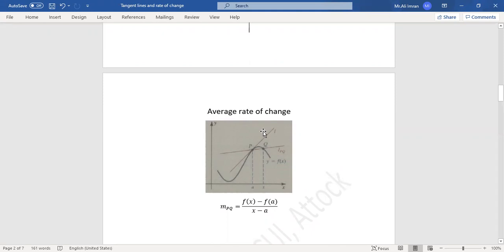Now I will define average rate of change. Consider a curve.